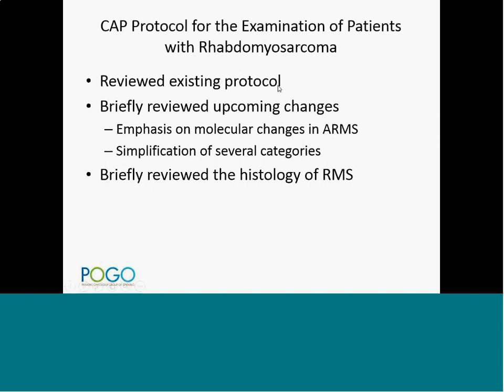We viewed the upcoming changes for 2016. I think it's a much more user-friendly document with an increased emphasis on molecular changes in the alveolar rhabdomyosarcomas, as well as recognition of related changes and its importance. We've also briefly reviewed the histology and pathology of rhabdomyosarcoma.